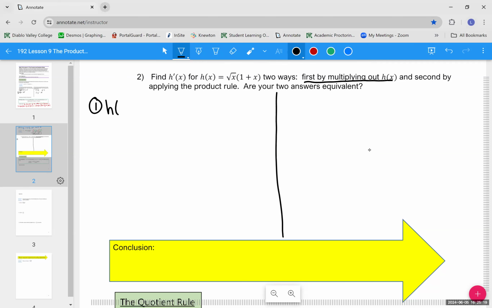So I'm going to rewrite. Remember, this is what we had to do in lesson 8. We didn't have the product rule. So if we were trying to find the derivative of this, we needed to rewrite the square root and then distribute it so that now we could take a derivative term by term.